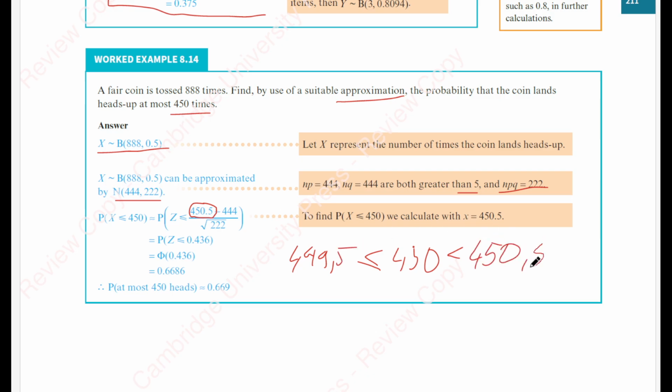And why are you using exactly the upper bound? Because you want to include 450, and if you want to include 450, you need to use the upper bound. So here there is no discrete value, but this one will be included. That's why you're using that.